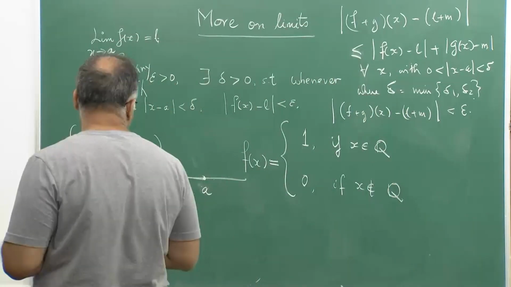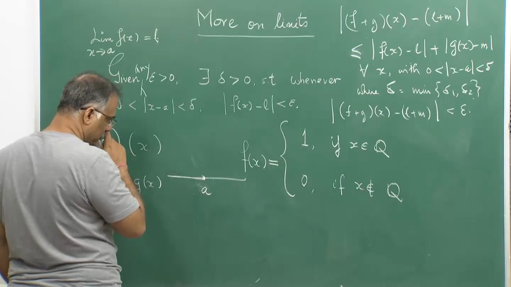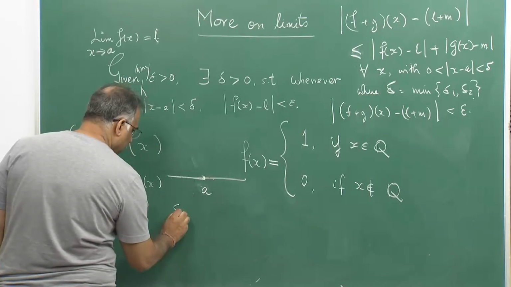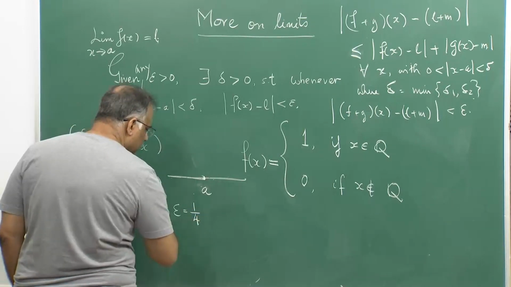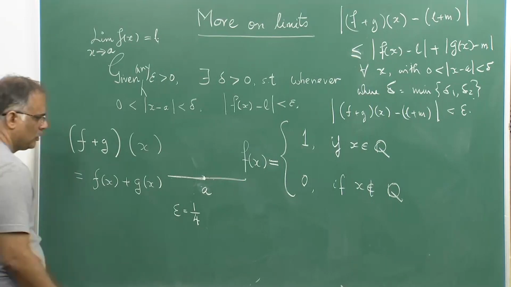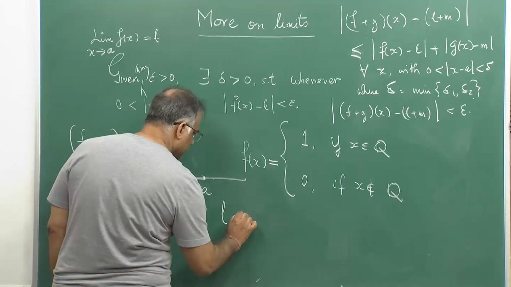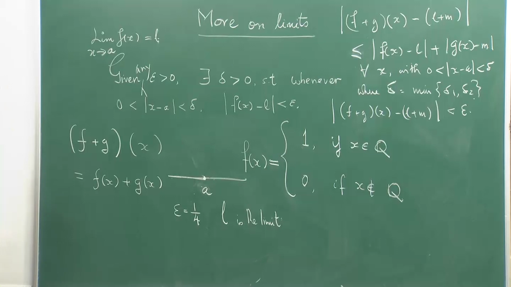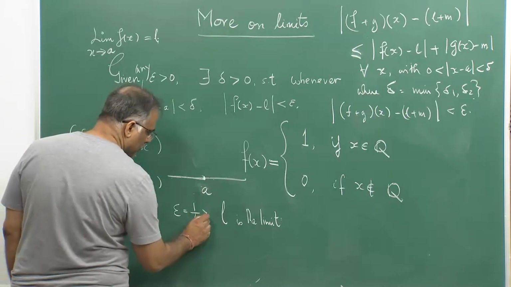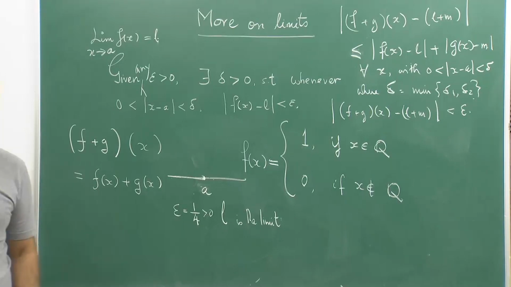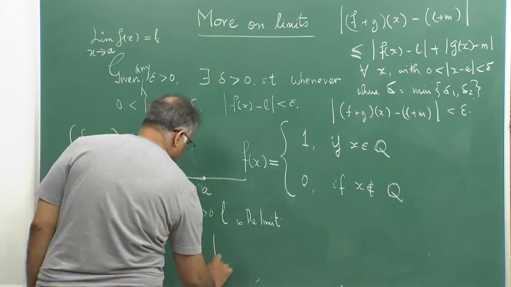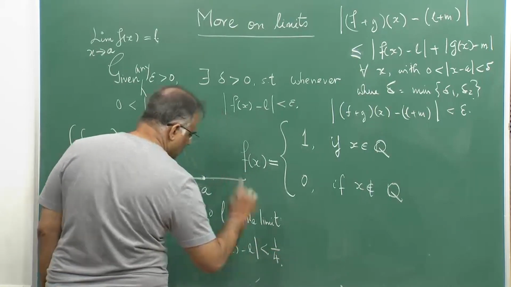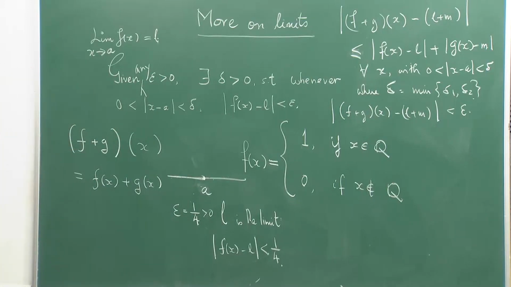For example, if I take epsilon equal to 1 by 4, and say L is the limit, some limit L, suppose it has a limit, and given this epsilon, I should be able to find a delta such that this should happen.